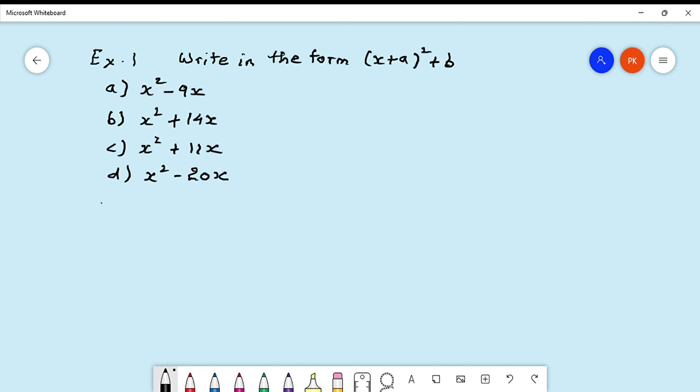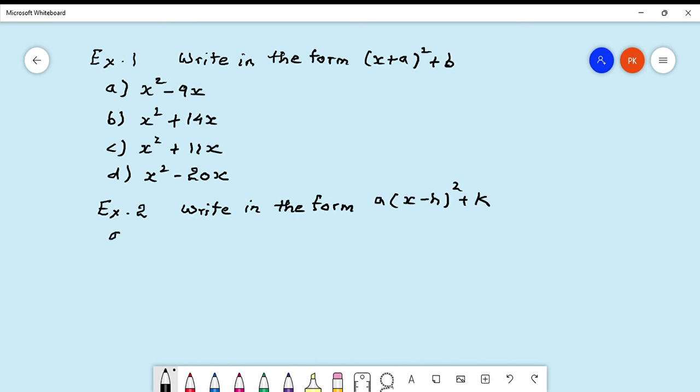And in the second case, write in the form a into x minus h the whole square plus k.